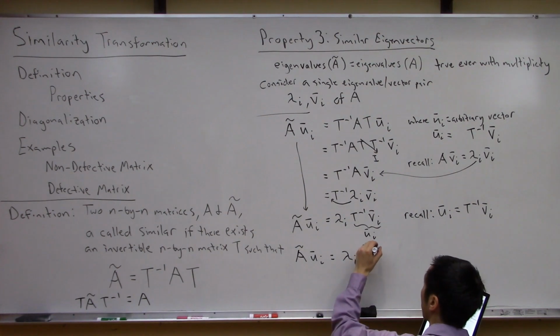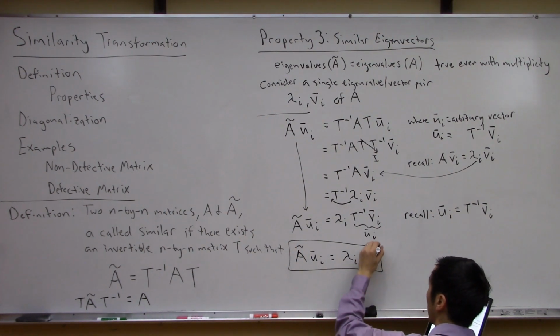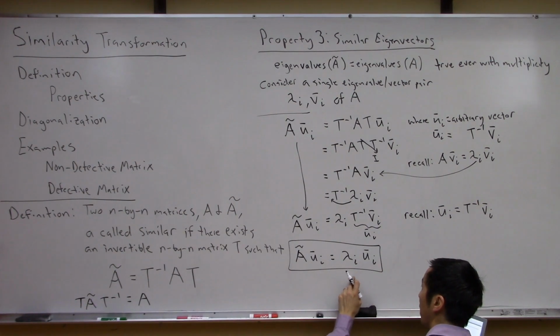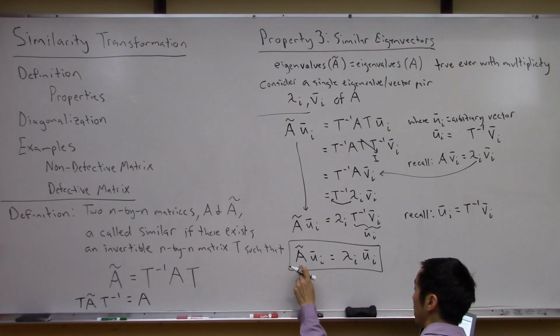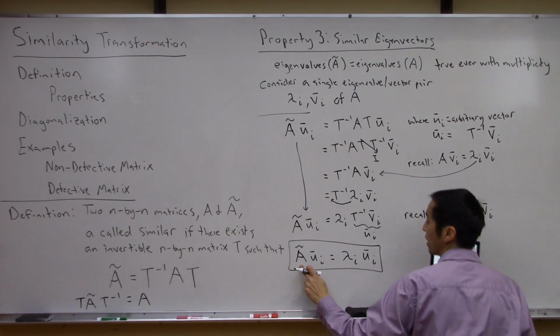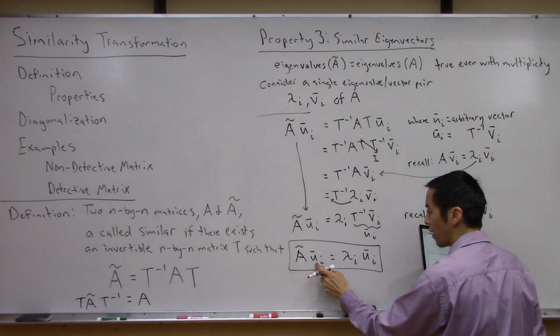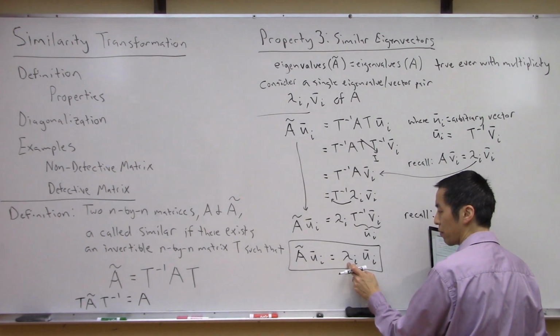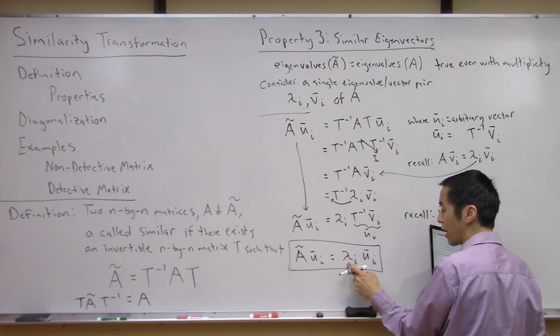And this is perfect because if you stare at this thing long enough, this is basically the definition of an eigenvalue eigenvector pair for the matrix A tilde here, right? Because this is basically saying matrix times some vector is equal to the same vector just scaled by this scalar lambda I, right?